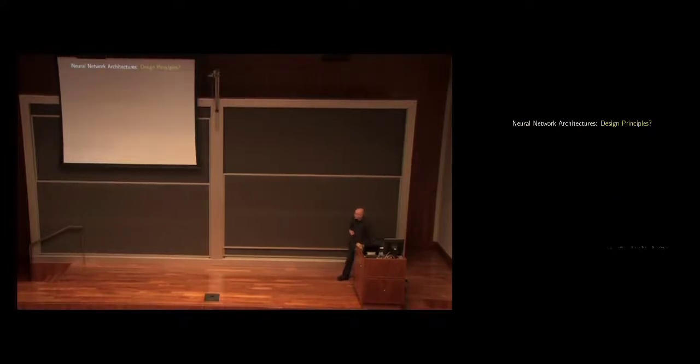Okay, so this talk is about looking at all these architectural variants and thinking about whether there are design principles that we can distill from them, or design principles that we can generalize to create a more general version of them.